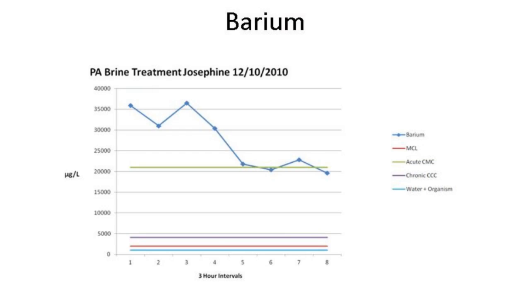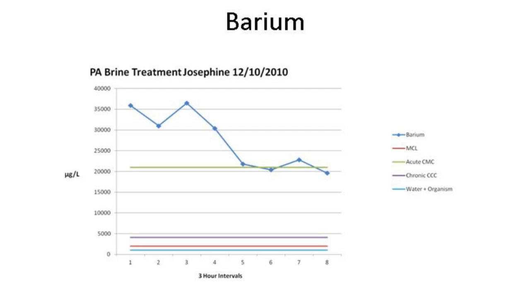Okay. So, barium can be quite high. I will tell you that they probably took some barium out in their treatment process. But they're still putting in 35,000 parts per billion of barium into the water.